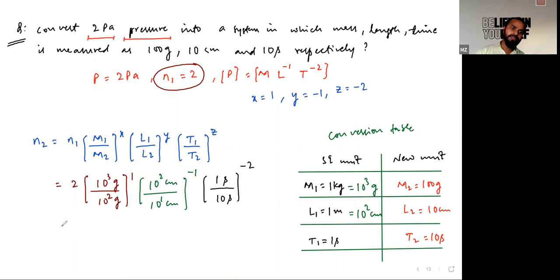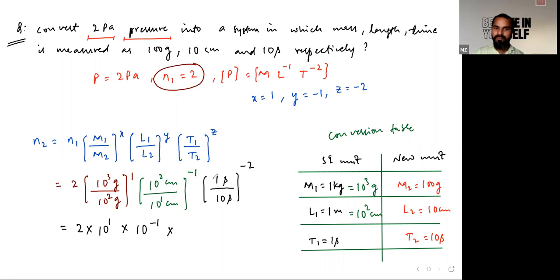Now, just simplify it. So it will be 2 into 10 to the power 2 and 10 to the power 3. So we're left with just 10 to the power 1 into 10 to the power 1 and 10 to the power 2. So it will be 10 to the power 1. But if it is further multiplied by this -1, it will become 10 to the power -1.